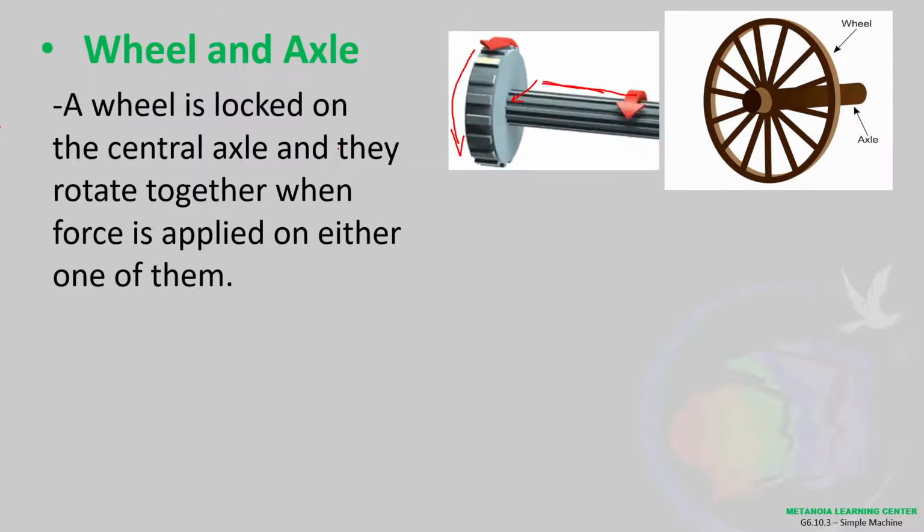And it says there that when a force is applied to any of them, both actually follow, no? They rotate together. Pero with the basic technology that we are going through this past few years, no? So there are technology that they make na it's actually possible for the wheel not to follow at some point.